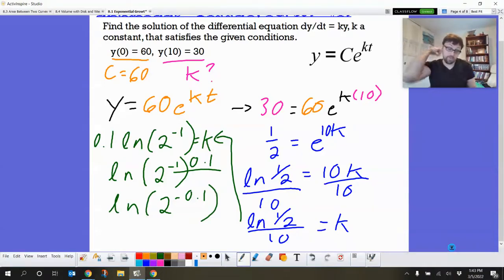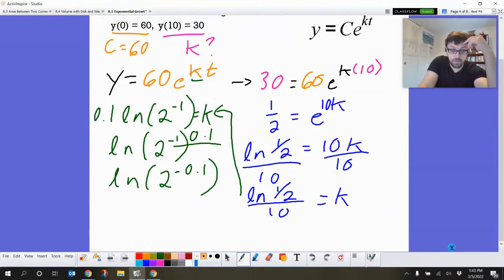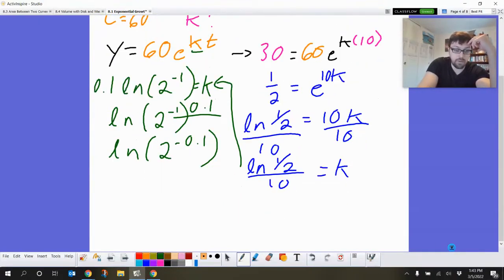And we're doing that because we're about to put it into this k spot. And by doing it this way, then that ln and that e are going to kind of mesh together pretty nicely. So I think we're prepped. So now we're going to bring that into our y equation.